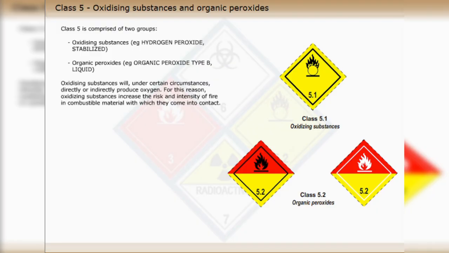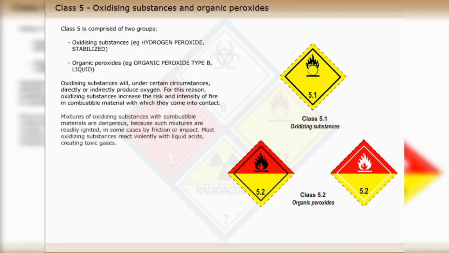For this reason, oxidizing substances increase the risk and intensity of fire in combustible material with which they come into contact. Mixtures of oxidizing substances with combustible materials are dangerous because such mixtures are readily ignited, in some cases by friction or impact. Most oxidizing substances react violently with liquid acids, creating toxic gases.